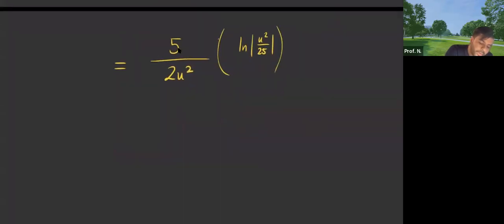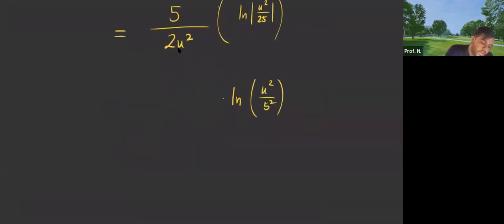But I can write 25 as 5 squared, and I can rewrite this as ln of u over 5, squared.